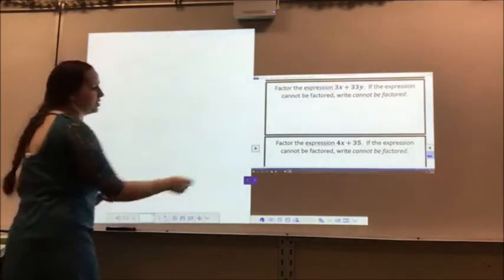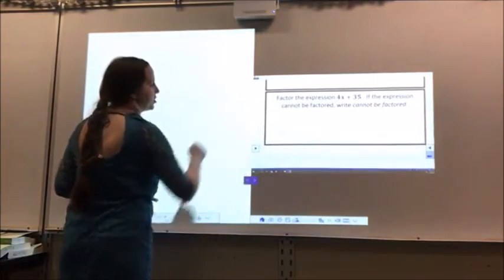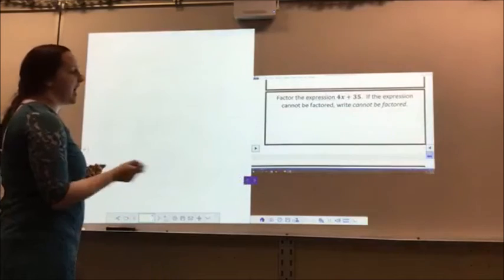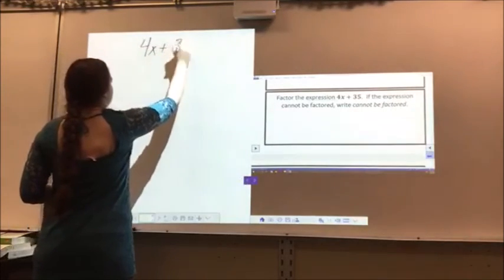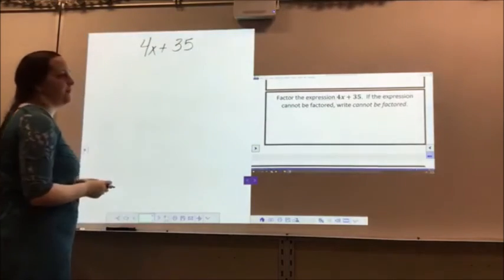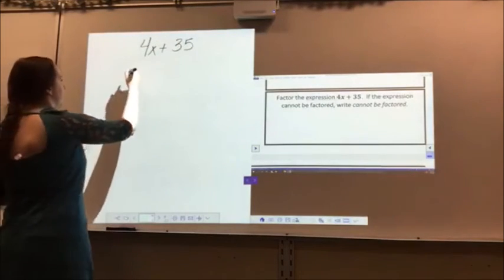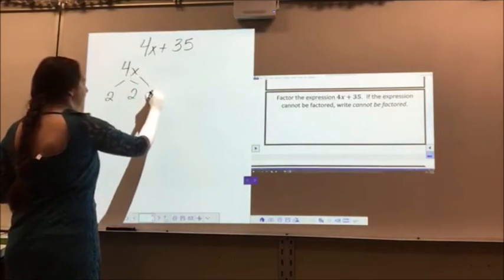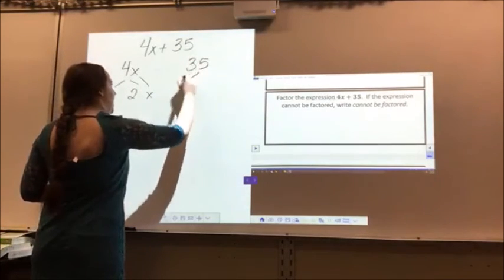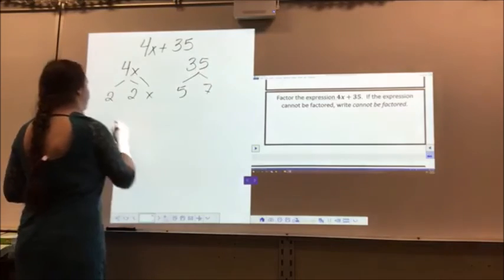Okay, the third problem I have says factor the expression 4x plus 35. So I need to come up with a prime factorization. 4x is 2 times 2 times x, and 35 is 5 times 7.